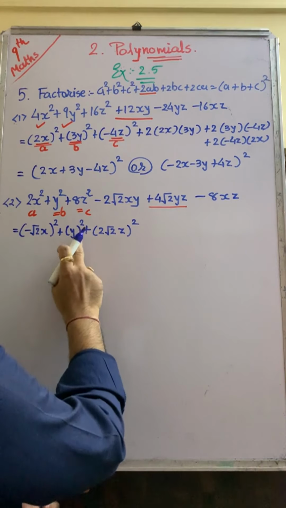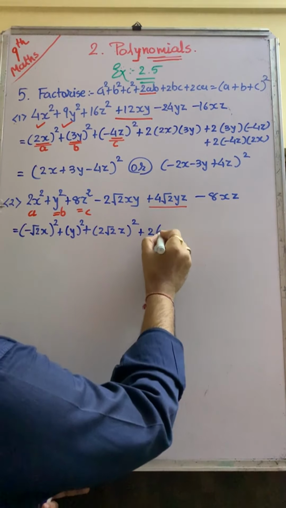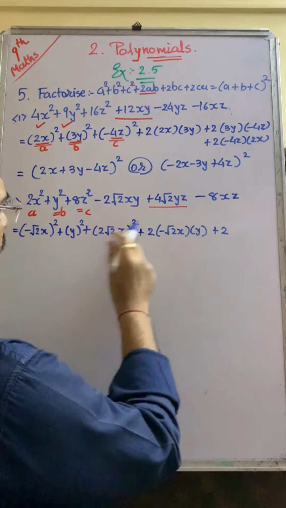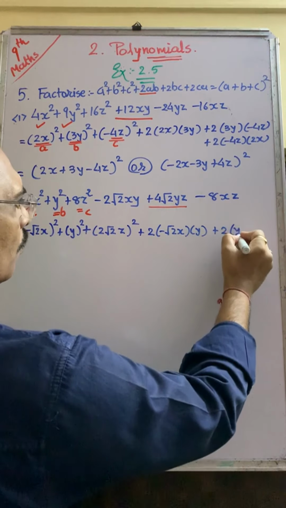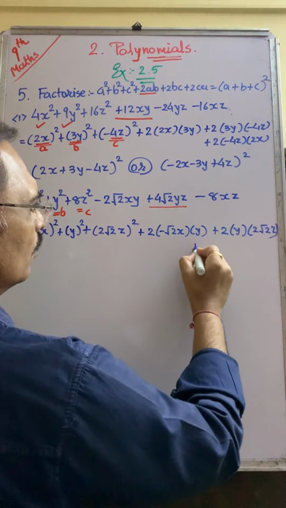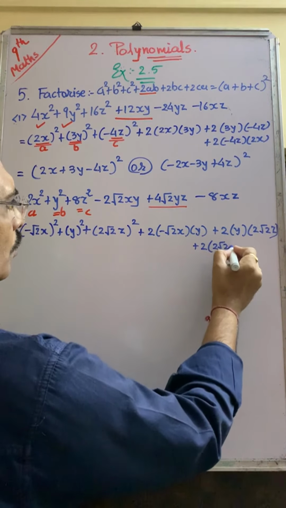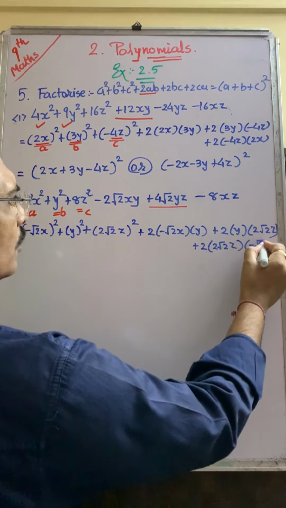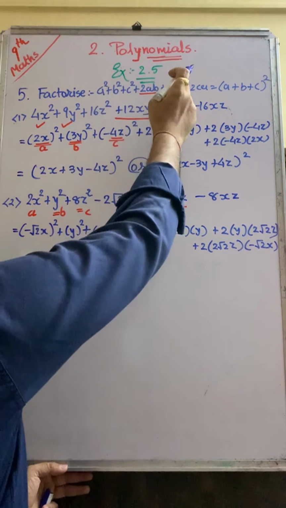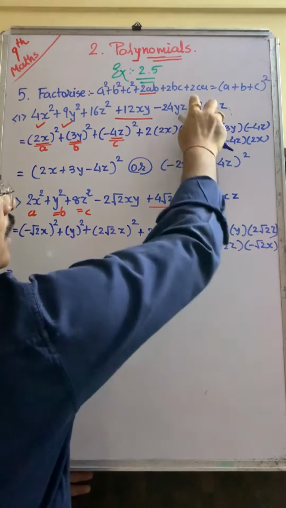a square plus b square plus c square plus 2a into b, minus root 2x into y, plus 2 b into c, y into 2 root 2 z, plus 2 c into a, 2 root 2 z into a minus root 2 x. So a square plus b square plus c square plus 2ab plus 2bc plus 2ca.